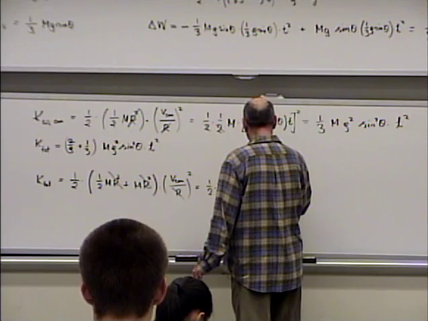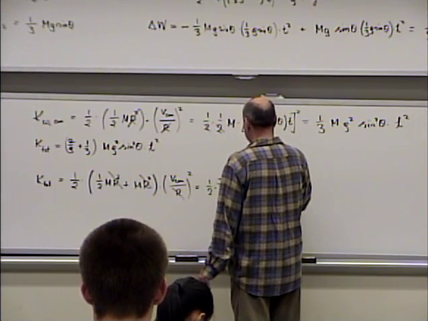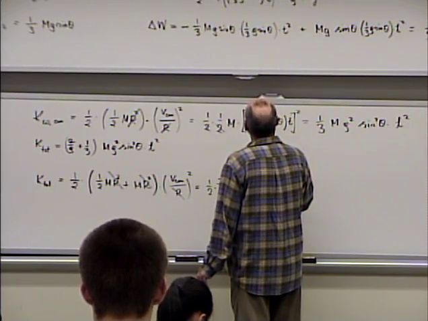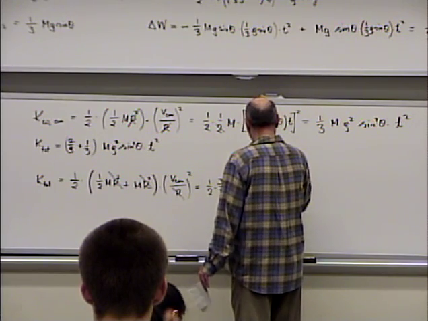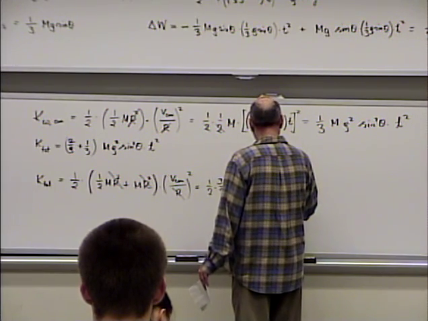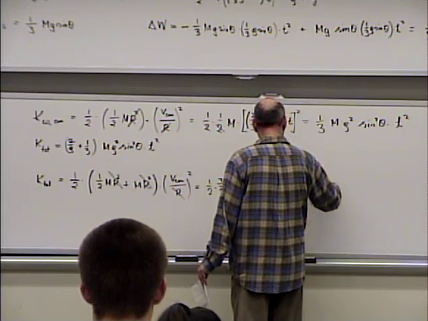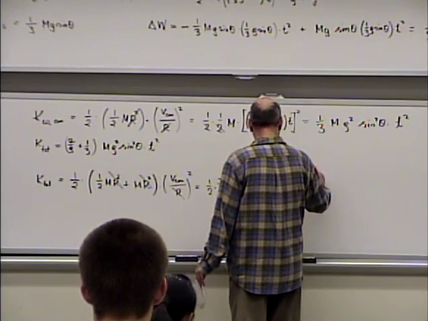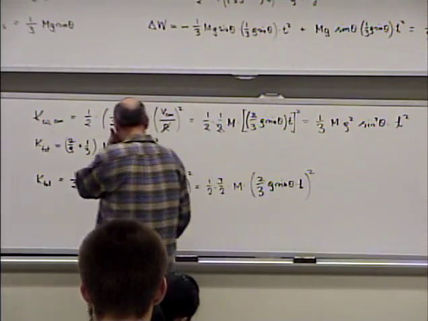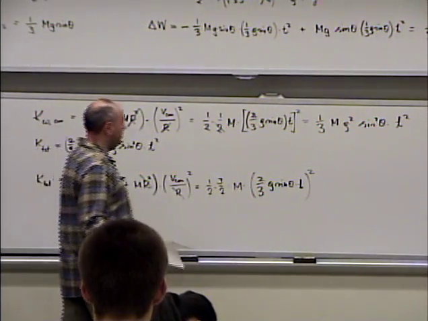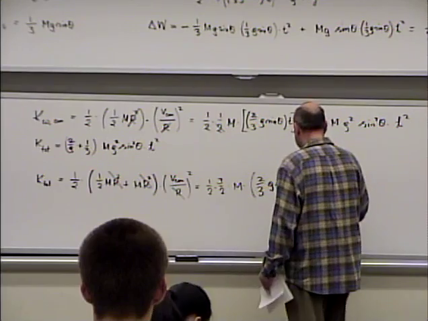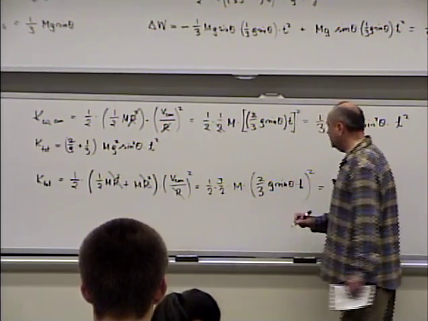Anybody found it? Now I have 2/3 g sine theta times t squared. Oh, no, I didn't. No, everything is fine. Okay.